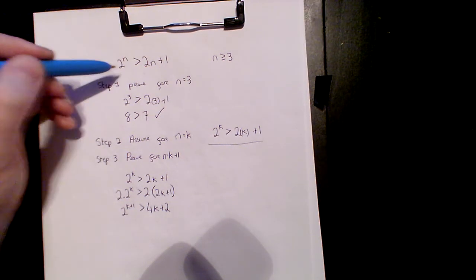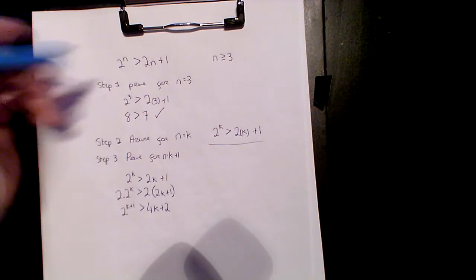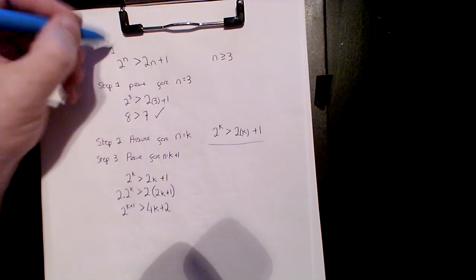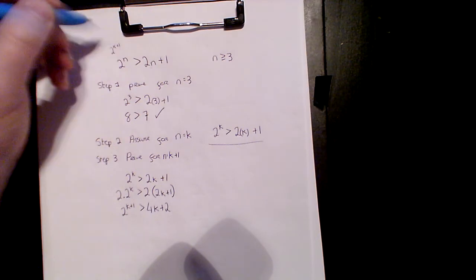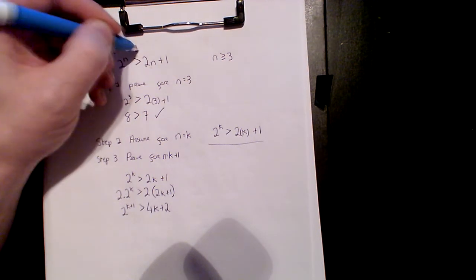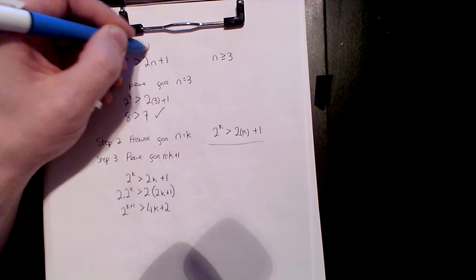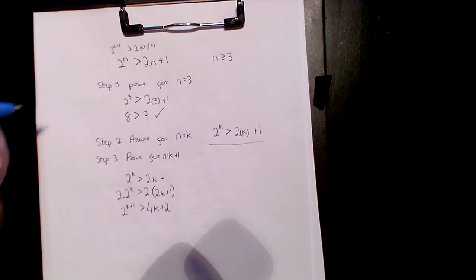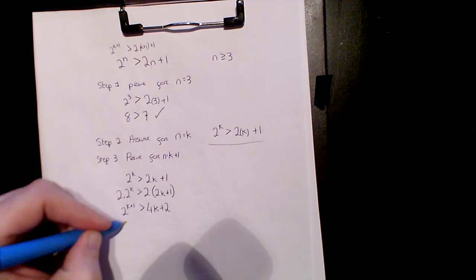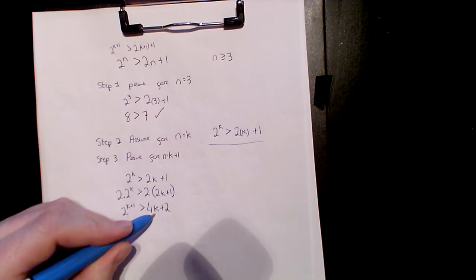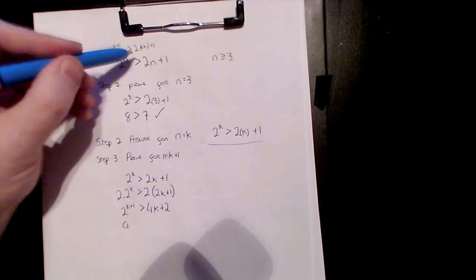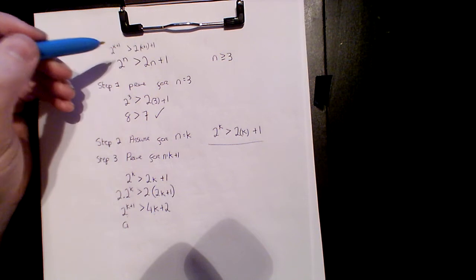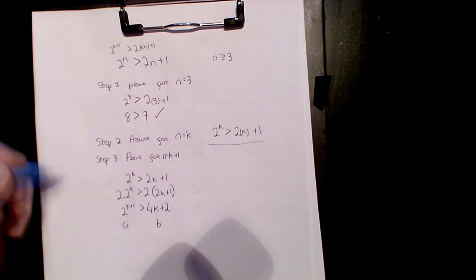Now, what I want to prove is that this is greater than this. Or another way of saying it, this with the k plus 1 here is greater than 2(k plus 1) plus 1. But I have only proven that this is greater than this. Now this 4k plus 2 is not 2(k plus 1) plus 1. So I'm going to call that B.